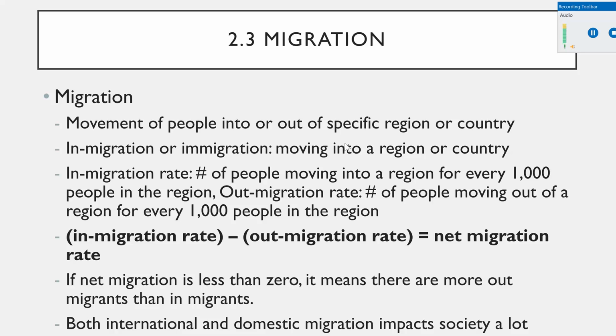In that case, that area will face a decline of the population, because there are more people going out of the region. So both international and domestic migration will impact the society or that region a lot.